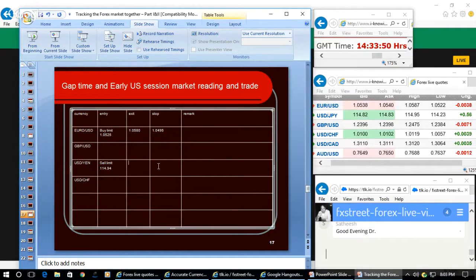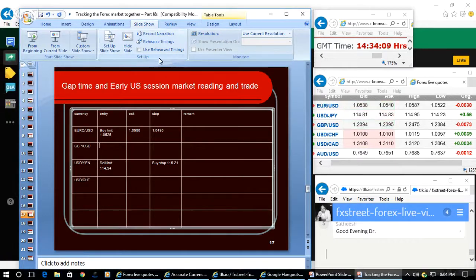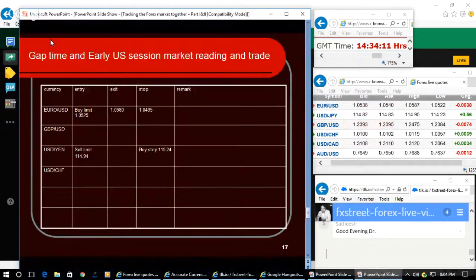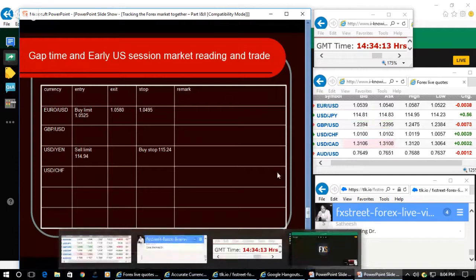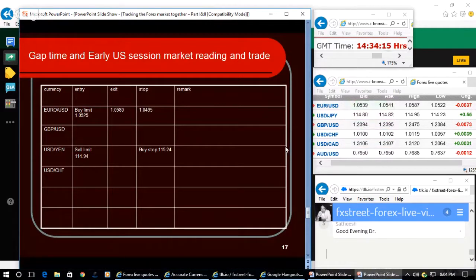And then the hedge order, the buy stop at 115.24, 30 pips above. For GBP and Australian dollar we have old positions, so we can carry them and see that when they gain the level we will be able to book profit.